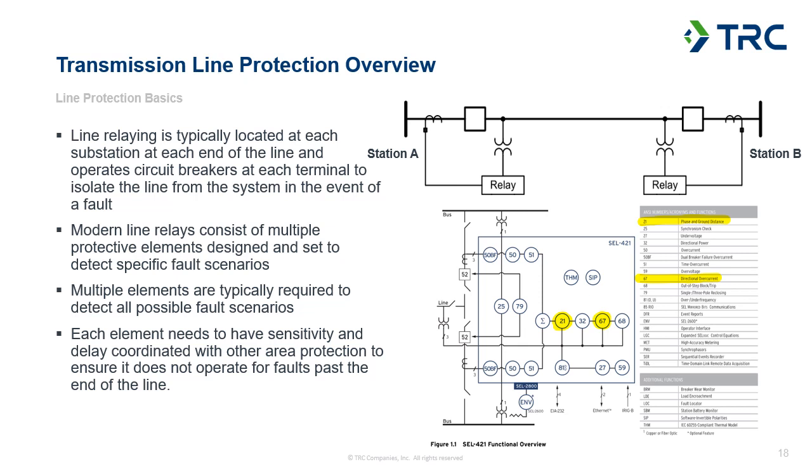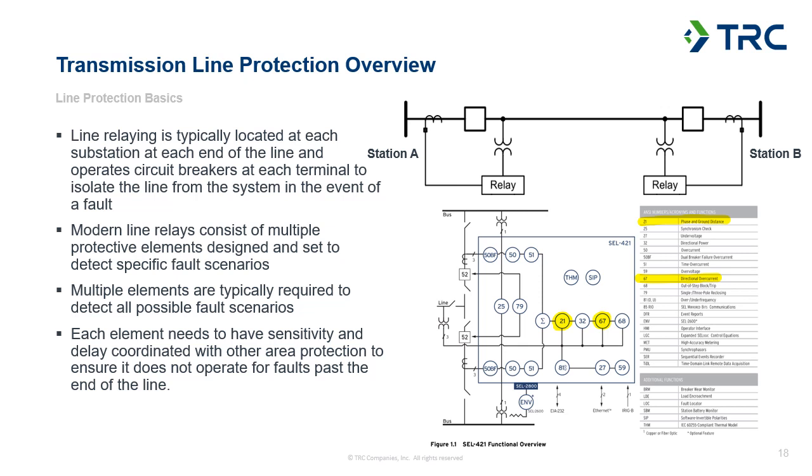Each of those elements needs to have its own sensitivity and delay coordinated with other protection to make sure that the relay is operating appropriately for faults within its zone and is coordinated with protection for other zones. So the picture I have off to the right here is an excerpt from a Schweitzer 421 relay manual showing some of the functionality that it has for different protection elements.